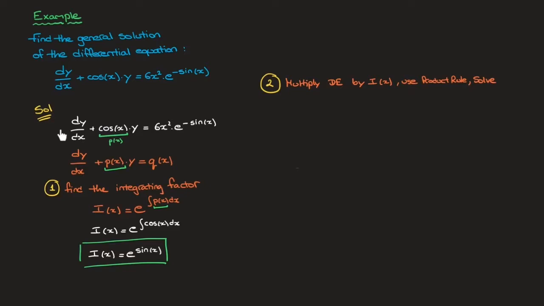Well, let's see. Multiplying this differential equation by e to the sine of x leads to e to the sine of x times dy/dx plus e to the sine of x times cosine of x times y equals e to the sine of x times 6x squared times e to the negative sine of x.